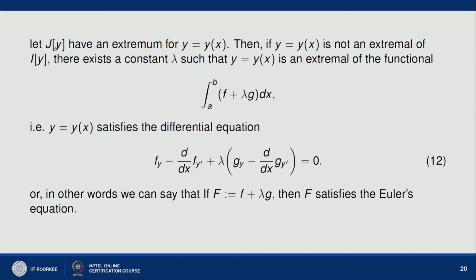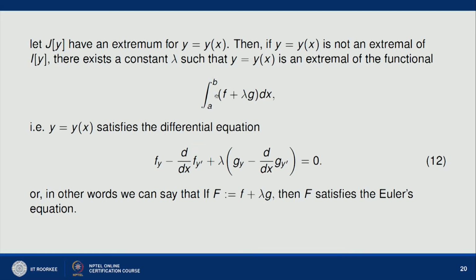So, here we have seen that if y equal to y of x is an extremal curve for J of y, and if it is not an extremal of another functional, that is I of y, then there exists a constant lambda such that y equal to y of x is an extremal of the functional integral from a to b of f plus lambda g dx.